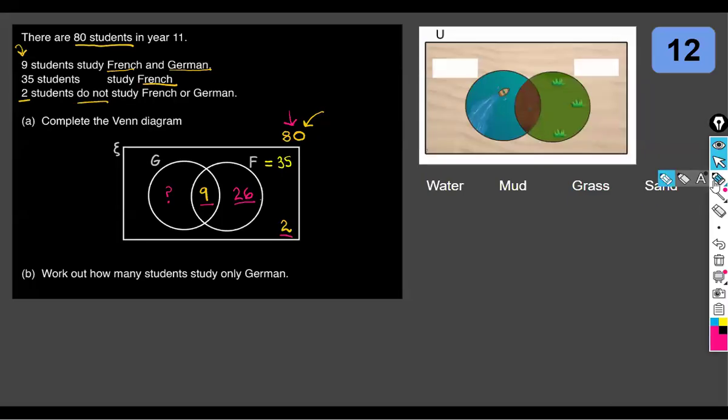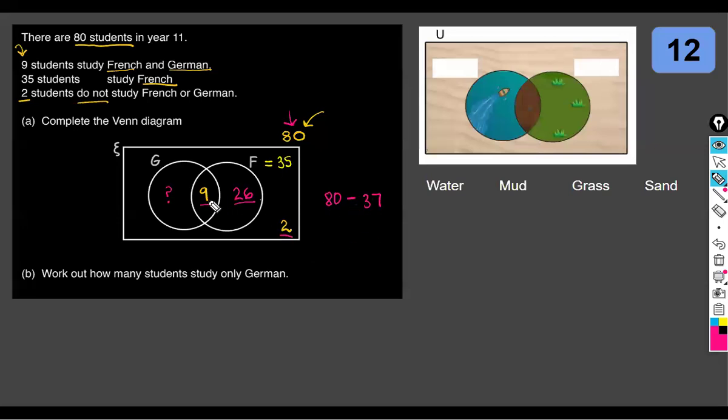Now, some people are saying it's 34 and some people are saying it's 37, but let's do that. Let's add up 9, 26, and 2. Remember, 9, 26, but you can't forget Mr. 2 on the outside. 9 plus 26 plus 2. I'm getting 37. And how much do we have in all? 80, right? How much is 80 minus 37?